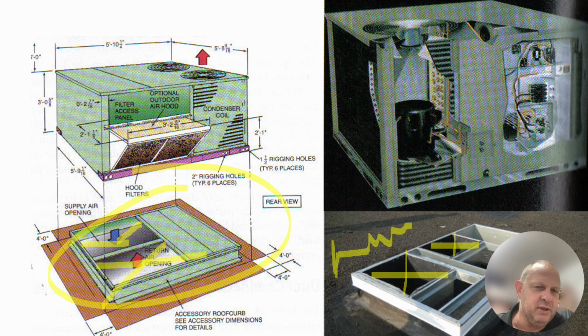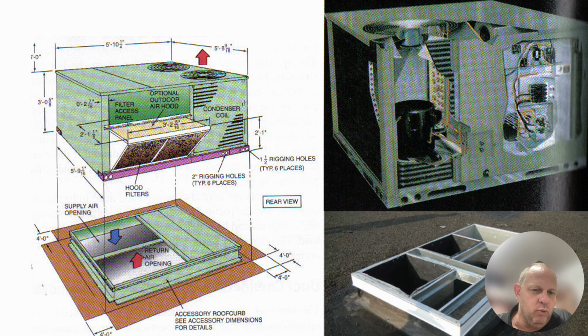And these roof curbs are made specifically for the different types of units that are placed on them. So these units will drop right down onto the roof curb, and we will put a gasket along the edges of the roof curb. And I know it's a horrible, horrible drawing that I'm doing for you here.